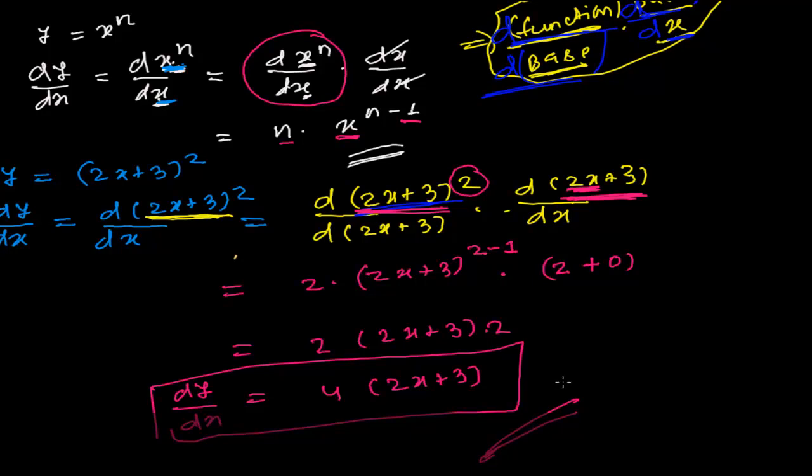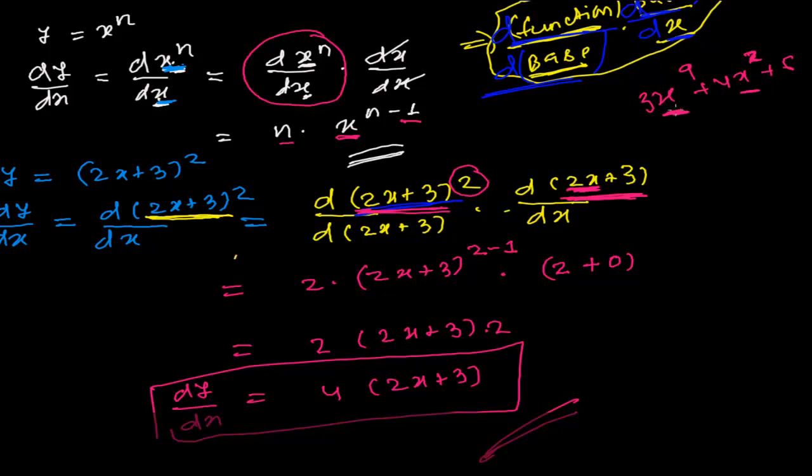I hope you understand how to use the power rule. First you should know what your base is, right? In previous videos, when I was solving a few algebraic problems, my base was only x. Every time I used to get functions like 3x to the power 9 plus 4x squared plus 6. So at that time my base was actually x, my variable was x, and I used to differentiate with respect to x.